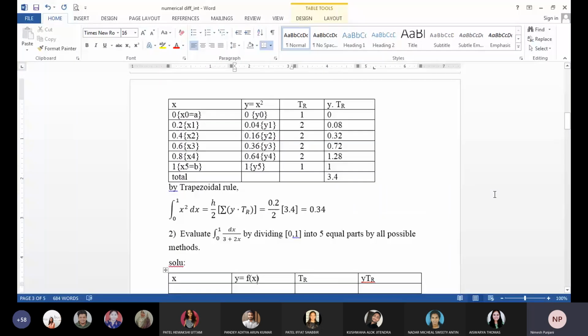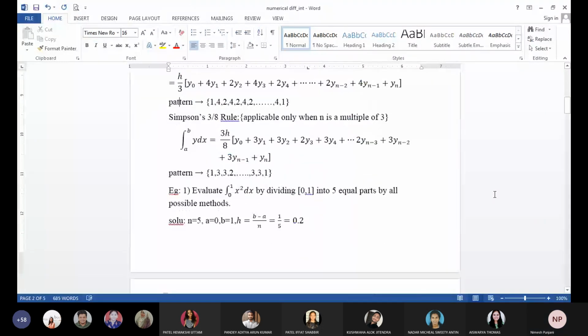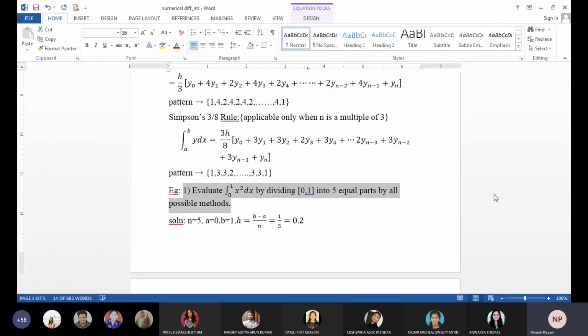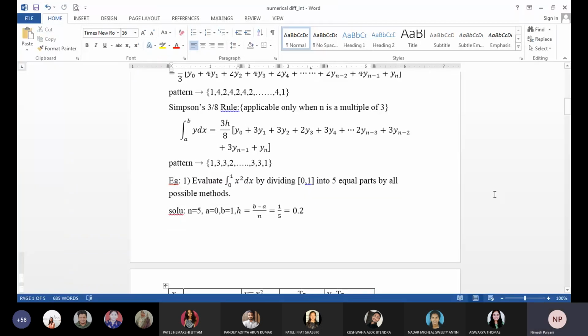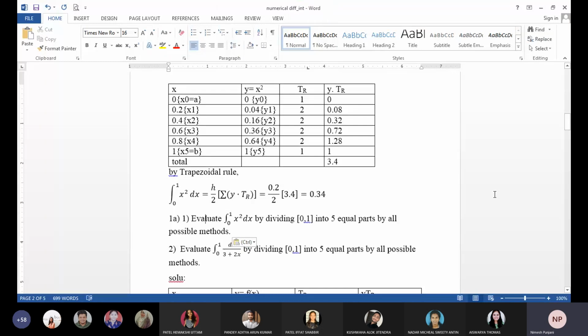The same sum I will write down. I will write it as 1a, n equal parts.